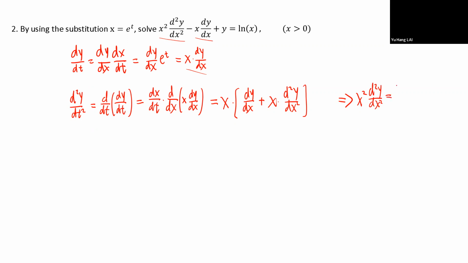That equals d square y dt square minus x dy dx, and this x dy dx, just now we know, is dy dt.